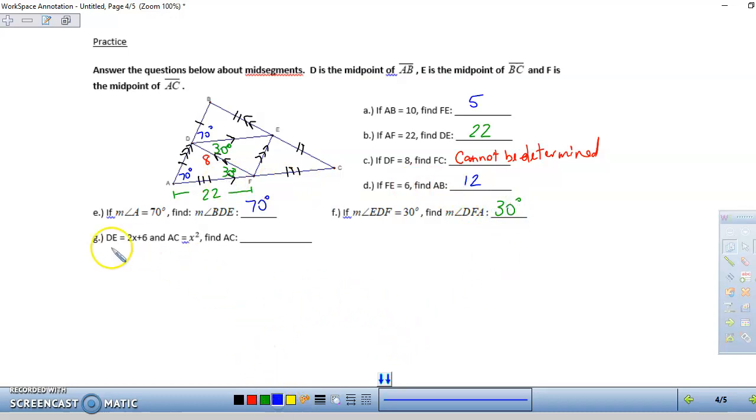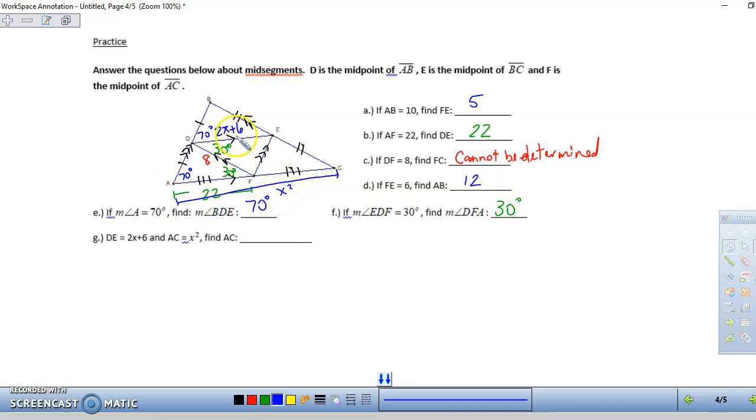Okay, next one. So this makes it much more difficult when you have variables. DE is 2x plus 6. So DE here is 2x plus 6. AC, so A to C, all the way across from here to here, is x squared.